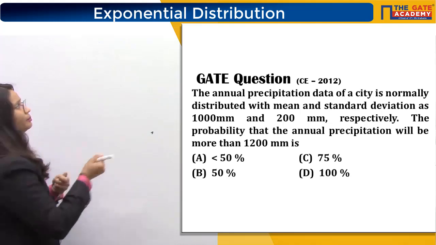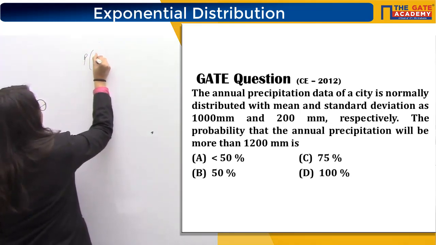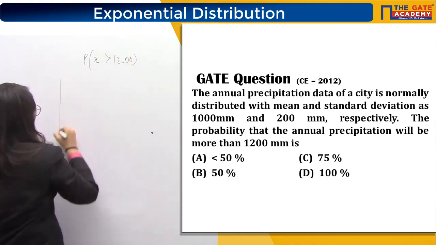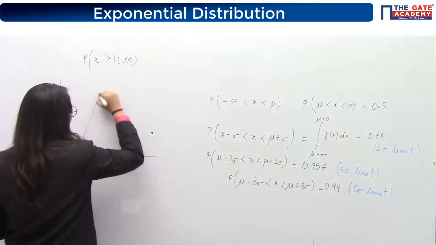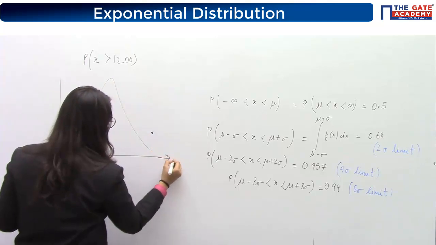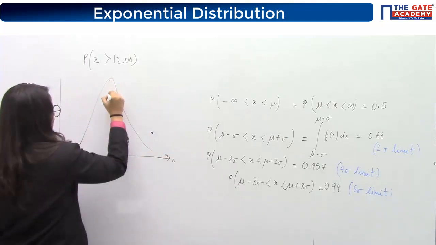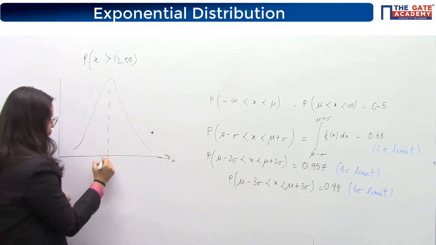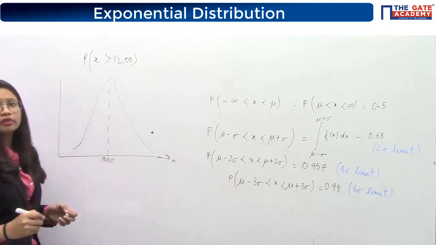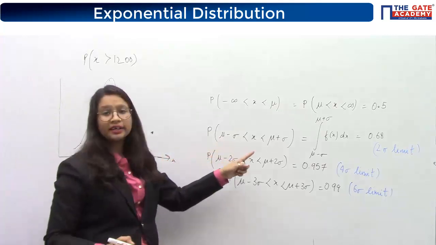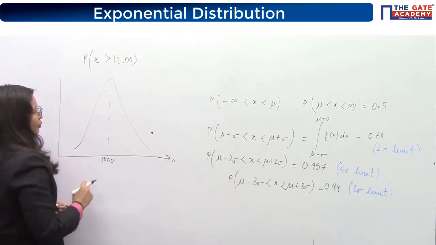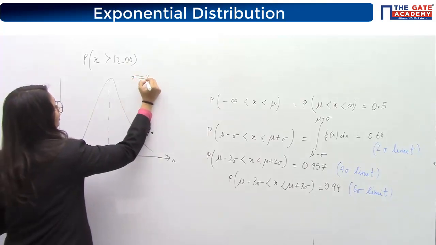The probability of the precipitation, defined let's say by x, being more than 1200, and it follows a normal distribution, so something like this, and the mean has been given to you, which is 1000. You will search for these points, mu minus sigma, mu plus sigma. Sigma is nothing but 200.